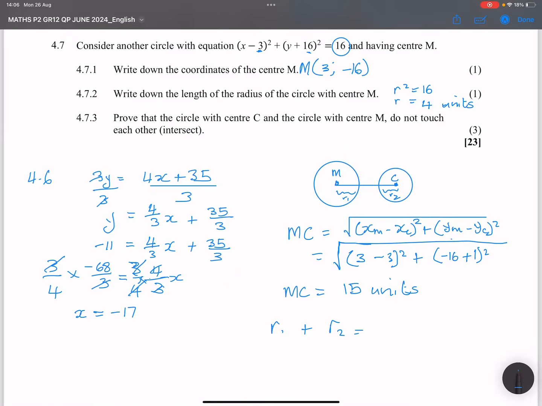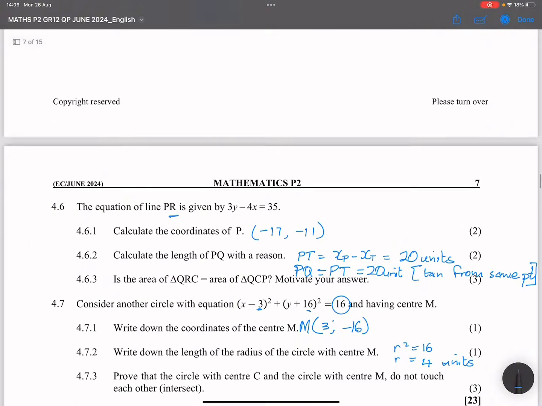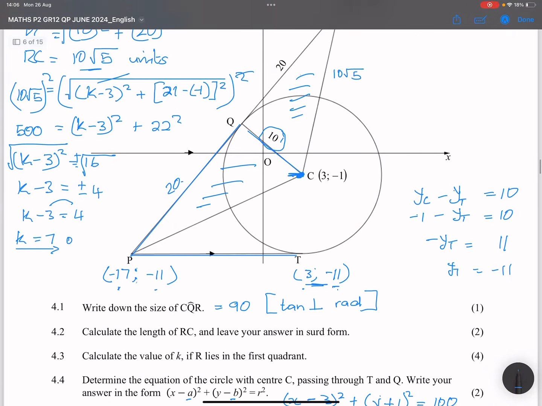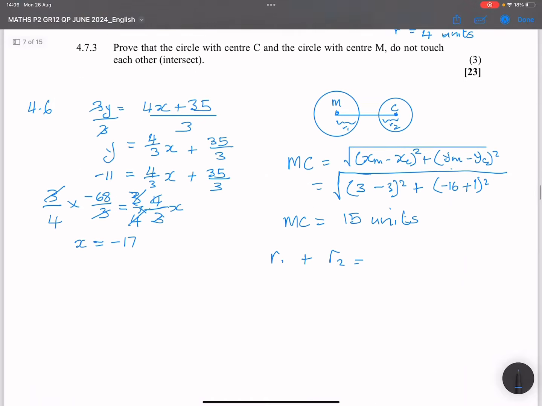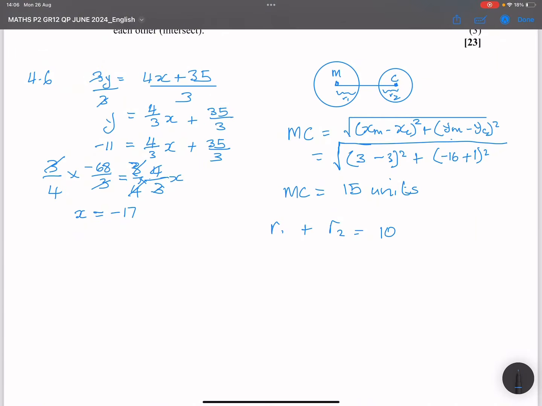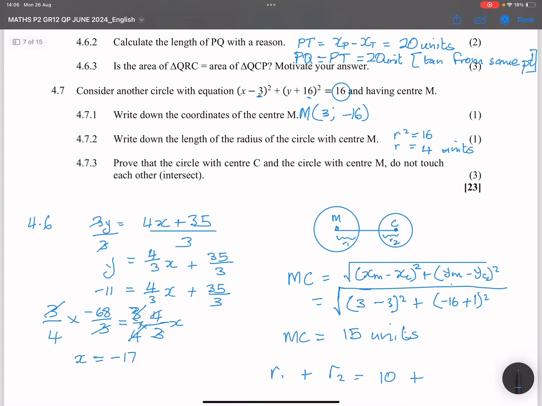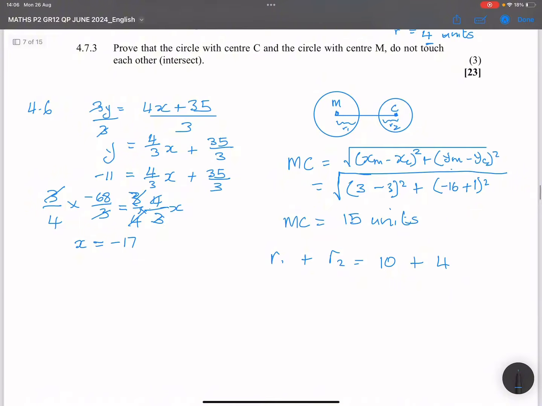The radius of the first circle, which is the circle with center C, is 10 units. And the radius of this circle, we found it to be 4 units. Now in this case, please remember, ladies and gents, MC, the distance, is greater than R1 plus R2. And so therefore, it means that the circles do not touch each other.